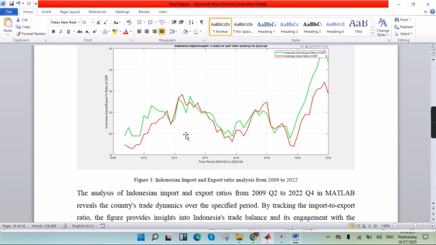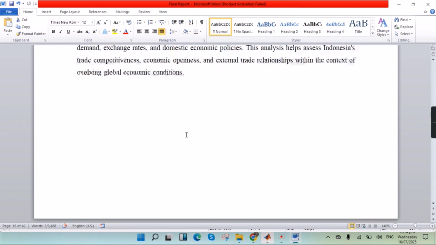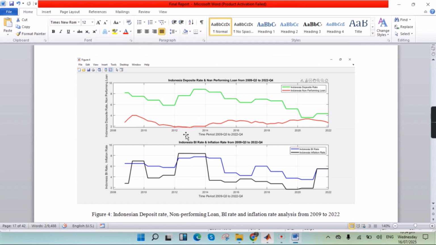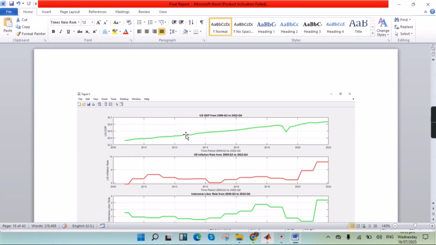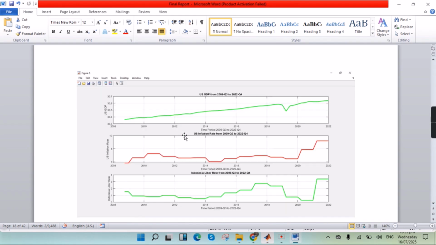This one is the import and export rate of the Indonesian bank based on GDP, and this one is the deposit rate and the non-performing loan, also the BI rate and inflation rate. This graph also presents the US GDP. Basically, this graph presents the international comparison with the Indonesian bank, like what impacts occurred in the US inflation rate and its impacts on the Indonesian banks.